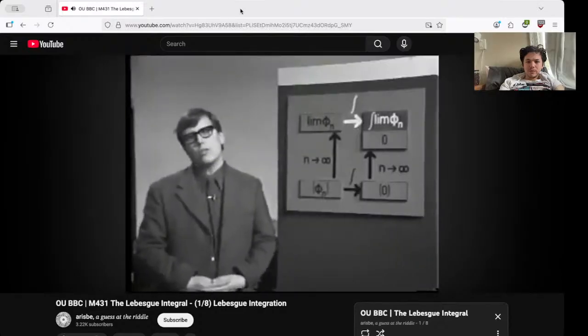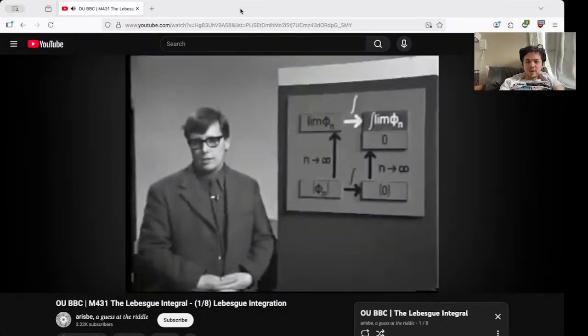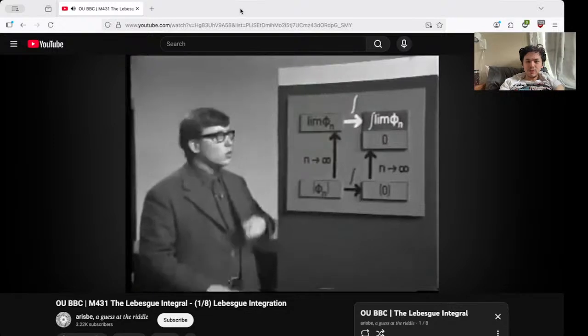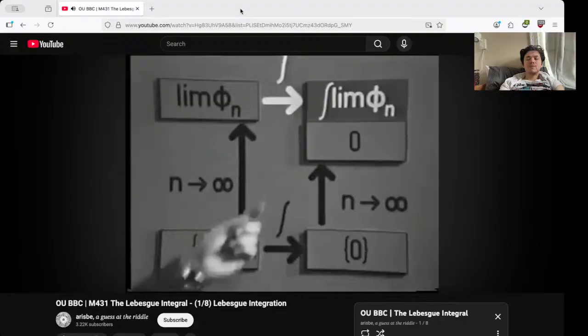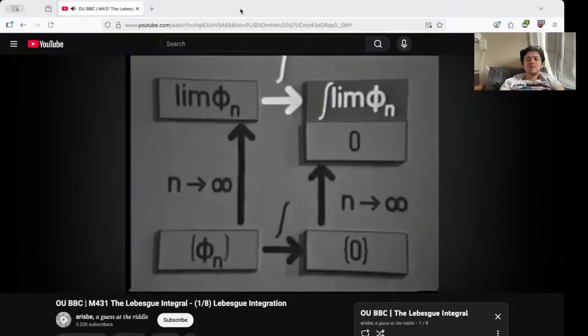Here we've got functions on the left and real numbers on the right, a commutative diagram. And what Alan has been doing is looking at a particular function, which was the limit of a sequence of functions. Each function in this sequence was integrable, Riemann integrable, with value 0. So over here, we have a sequence of zeros. This sequence converges to the limit value 0.